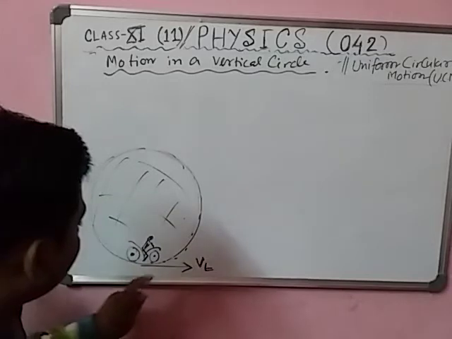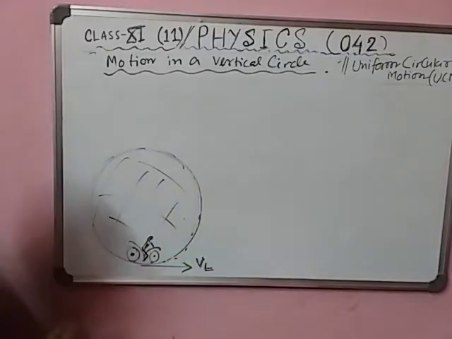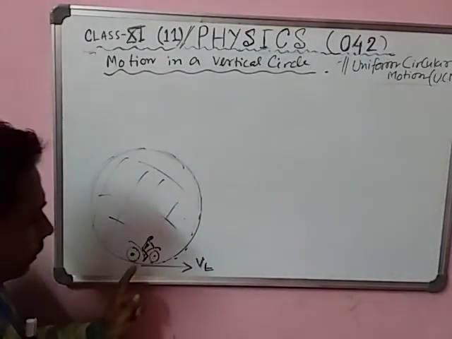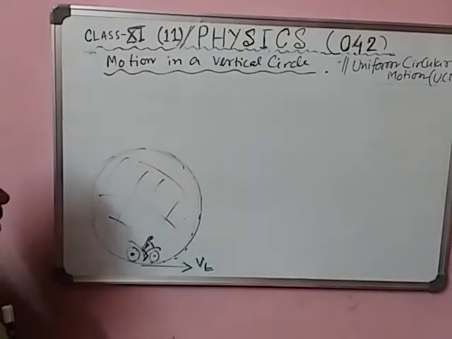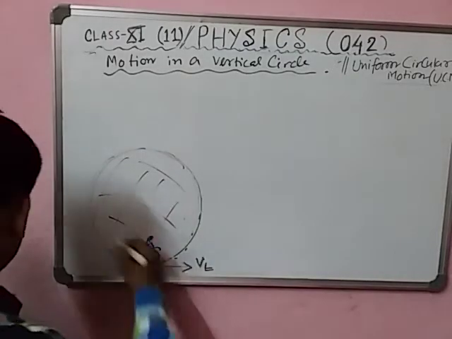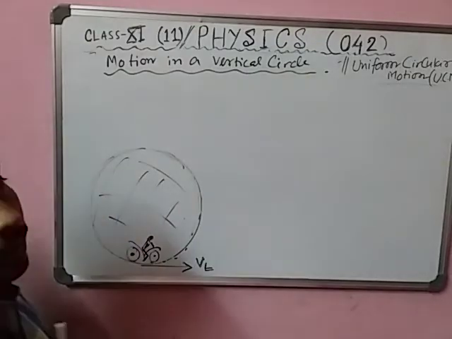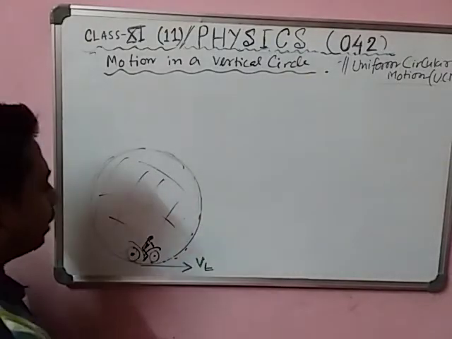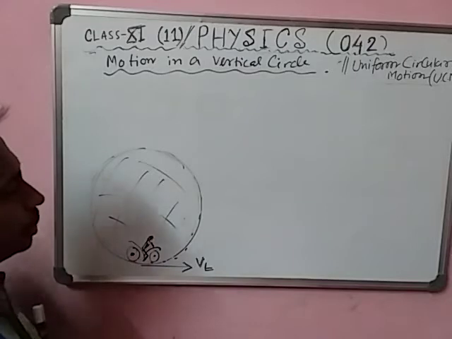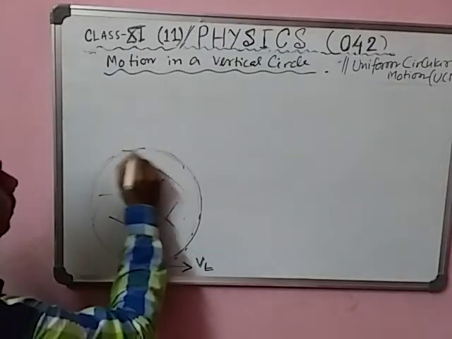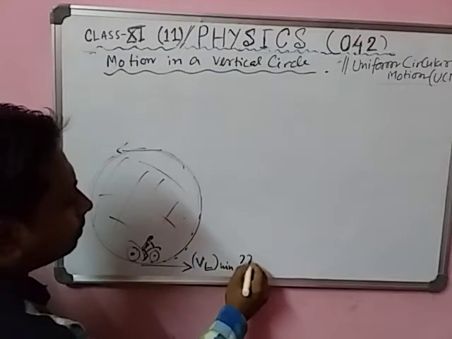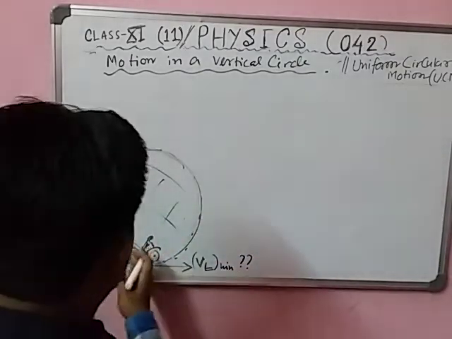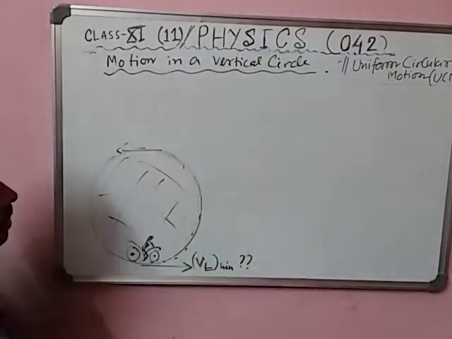So students, in the lower point there must be some velocity so that the bike rider can travel in the circular path. So now in this video we are trying to calculate the lower point velocity, the upper point velocity, and the minimum velocity at the lower point so that it could make the circular motion.